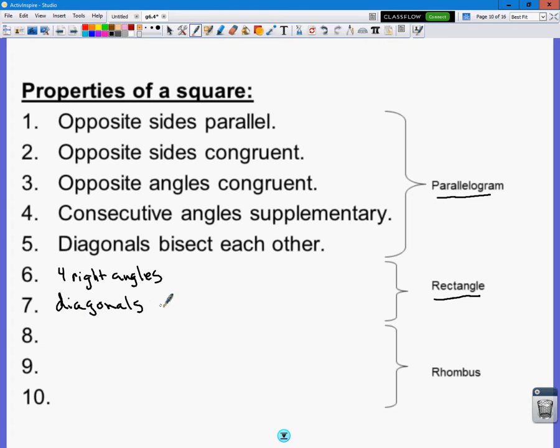Congruent. The rhombus had 4 congruent sides. The diagonals will be perpendicular, and the diagonals will bisect opposite angles.